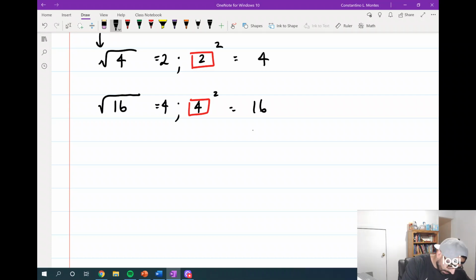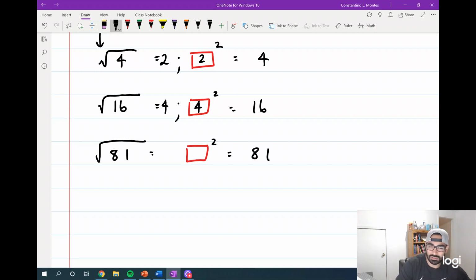How about the square root of 81? Okay, so now we're thinking, what number to the power of 2 is equal to 81? Well, in this case, it's 9. So the square root of 81 is 9.